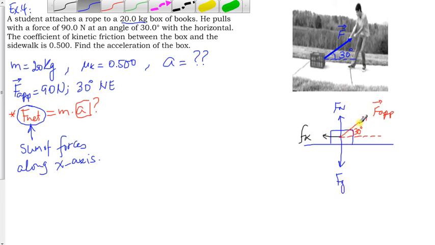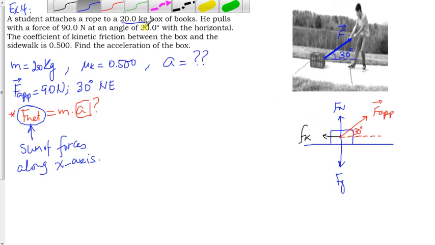F applied is in between x and y. So shall we count it with the forces along x, or with the forces along y? Here we have to use what we learned before about components. F applied has to be broken into two components. One along x will be counted with F net, and one component along y will be counted with the forces along y.